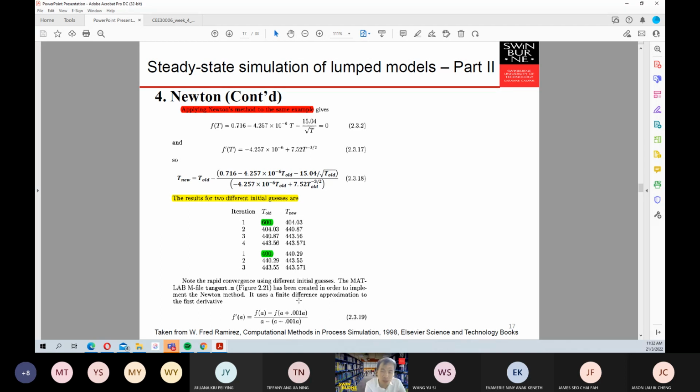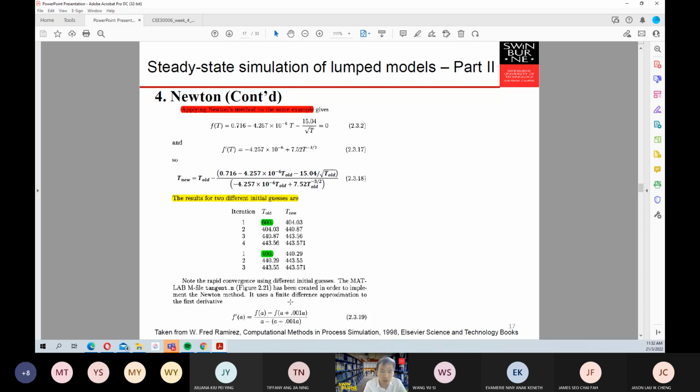Note that in reality, not every function can be derived analytically. If it is like this, then it is very easy. But if you cannot, then you need to use a numerical method to do the differentiation, so you need to use a finite difference.